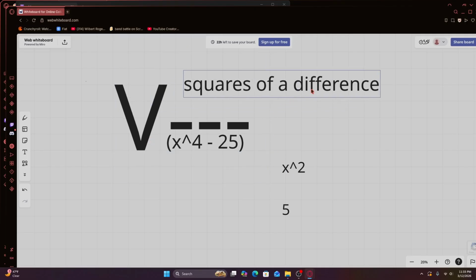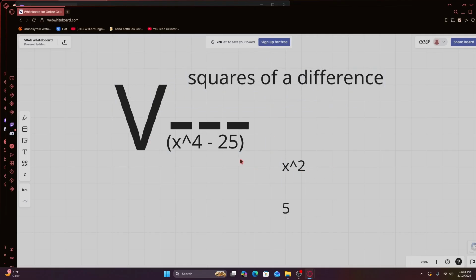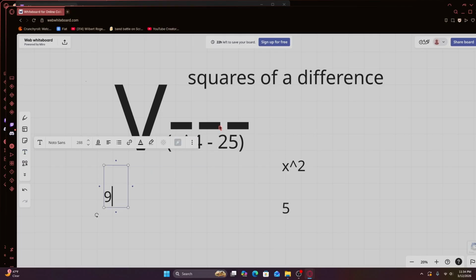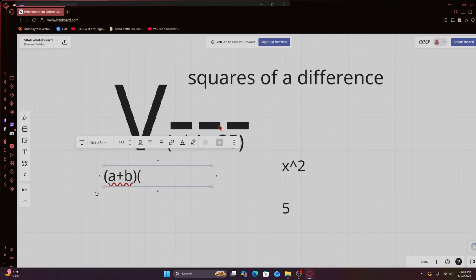Now that we have this, what we're going to do is make our factors, because the square of a difference is going to be a plus b times a minus b. So we take our a, this, and our b, the square roots of a squared and b squared.